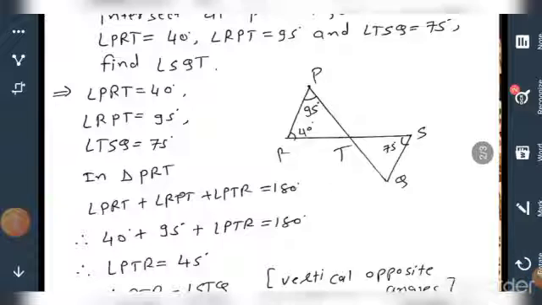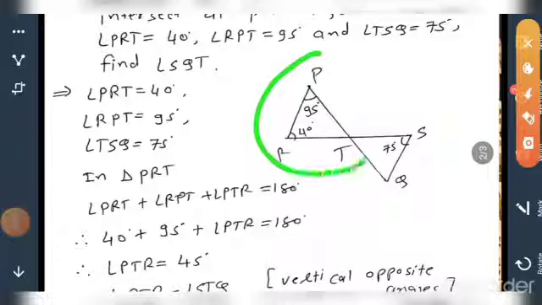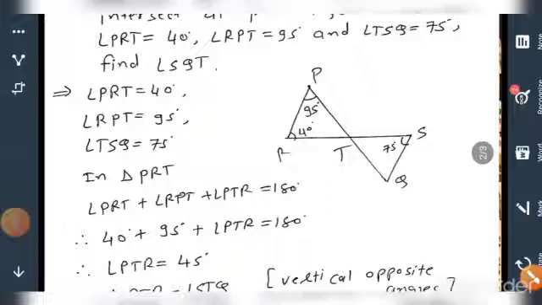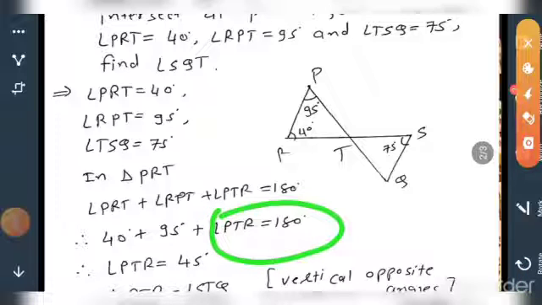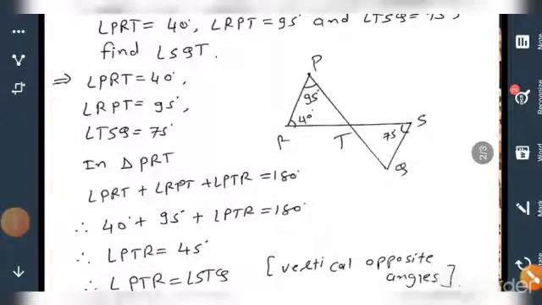In the triangle PRT, 95 plus 40, we have to find this angle, RTP or PTR, you can write anything. By using that we find PTR is equal to 45 over here.